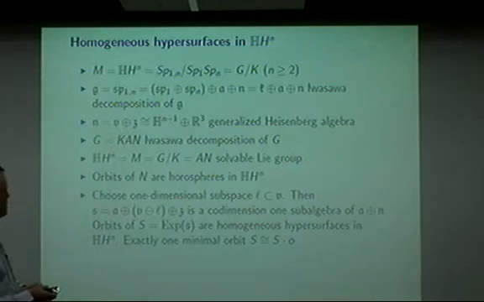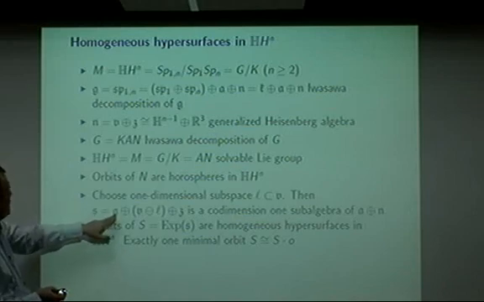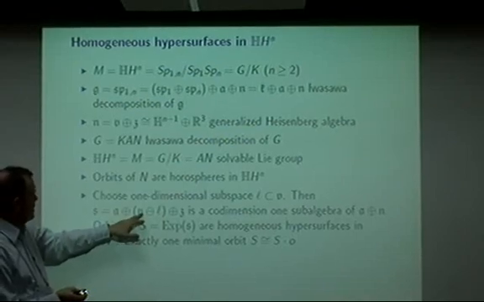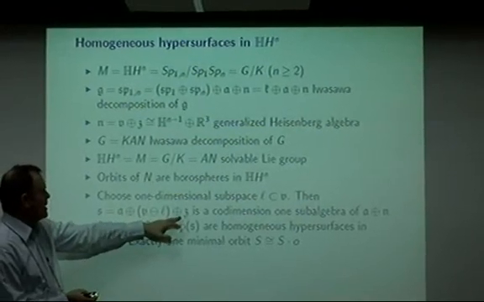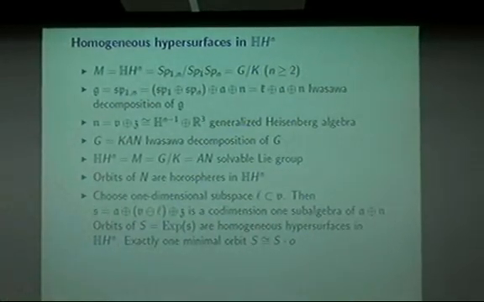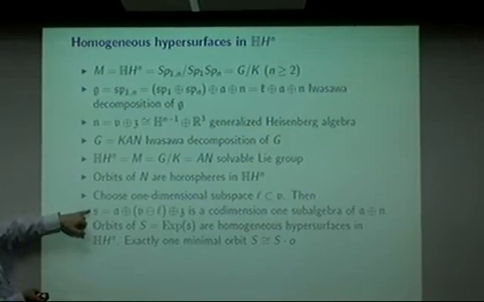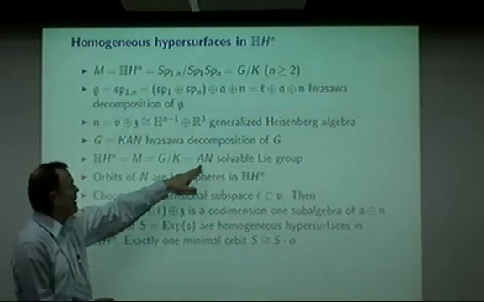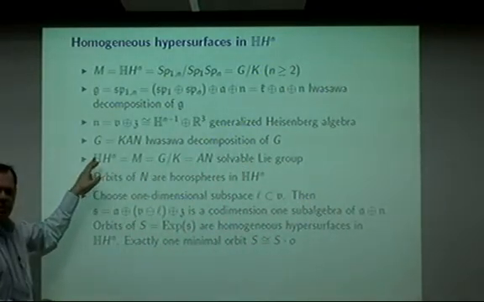Then, using the algebraic properties of the algebra, it is not difficult to show that when we take A plus the orthogonal complement of L in V plus Z, what we get is a codimension 1 subalgebra of A plus N. Now A plus N, when we exponentiate, we get the group A times N, which is just the hyperbolic space.